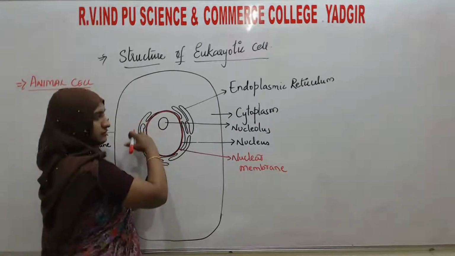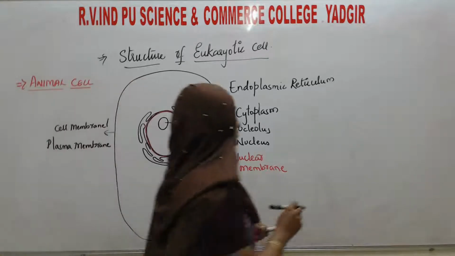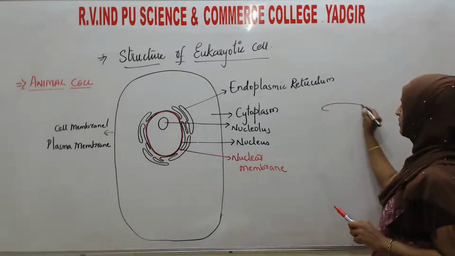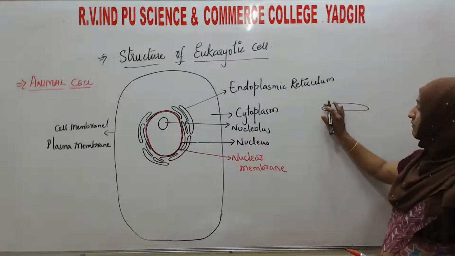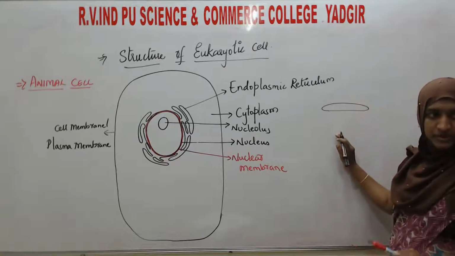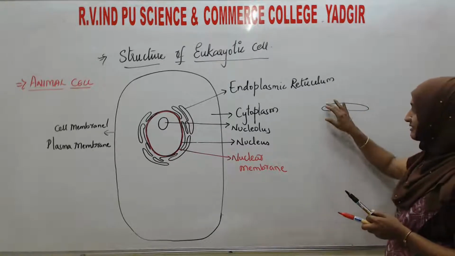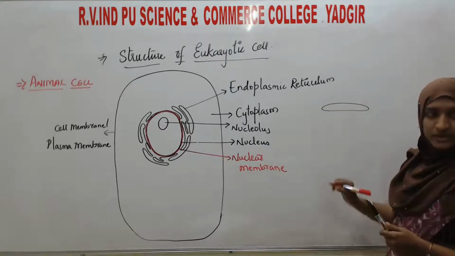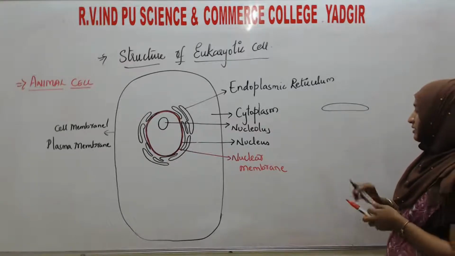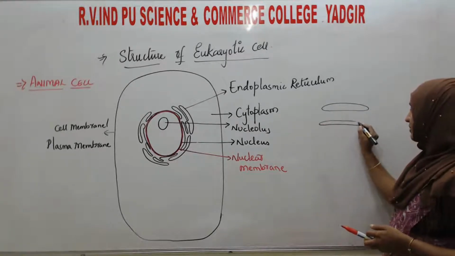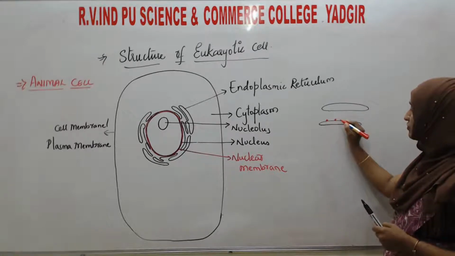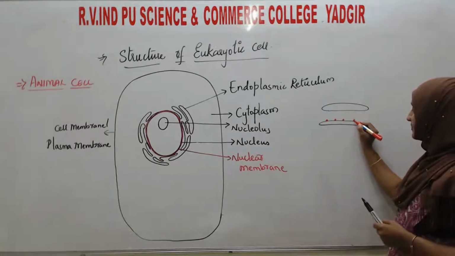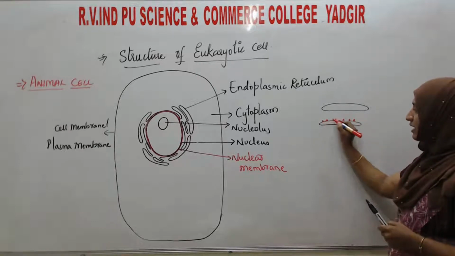Here I will explain. This is the endoplasmic reticulum. If there are no ribosomes on its surface, it is smooth. This is one more endoplasmic reticulum on which you can see a presence of ribosomes.